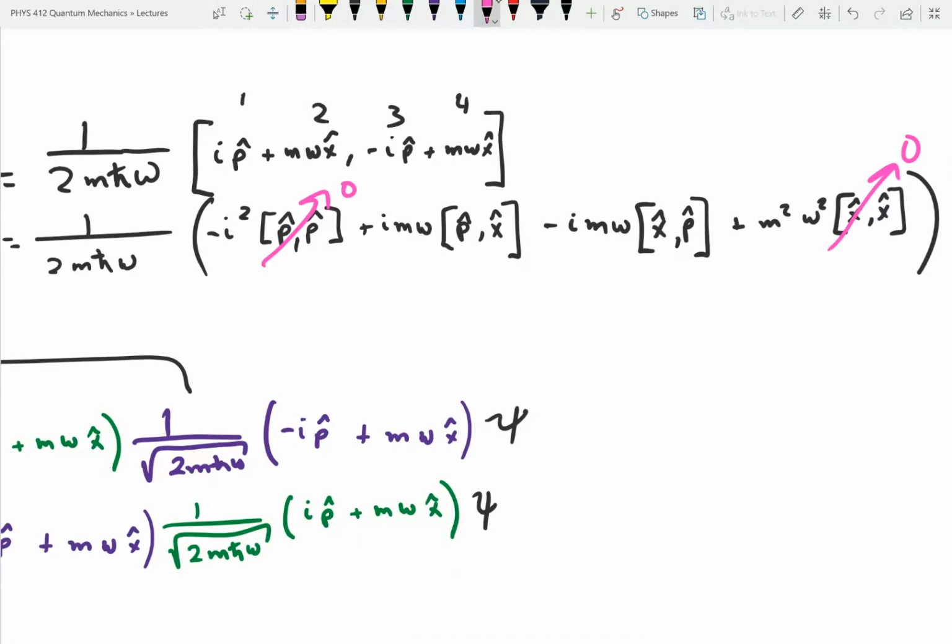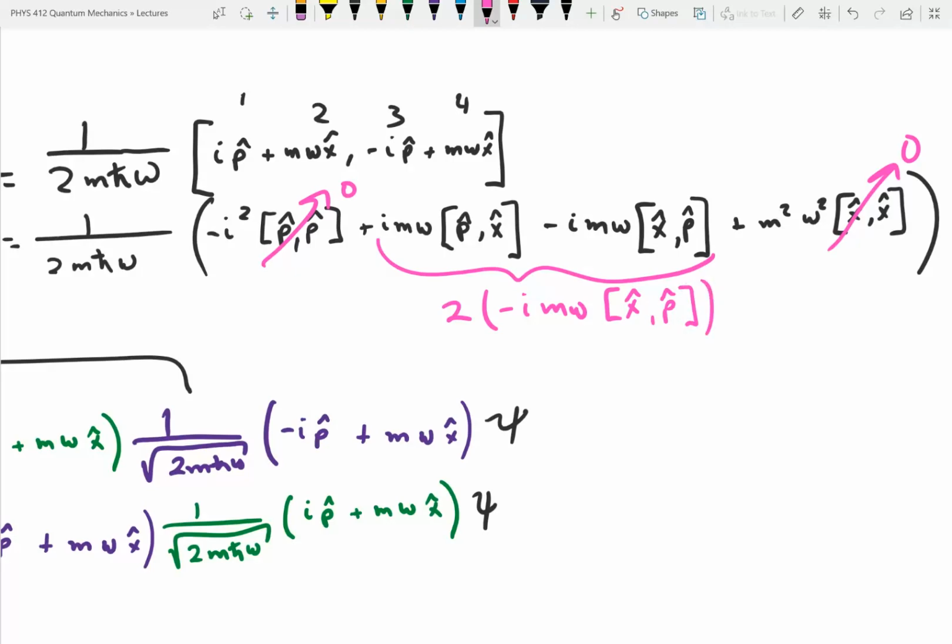The ones in the middle, we have minus x hat. Well, first we had positive p hat x hat, then minus x hat p hat. Changing the order is just going to change the sign. So these two together are just going to be 2, and I'm going to go this way, minus i m omega x hat p hat.